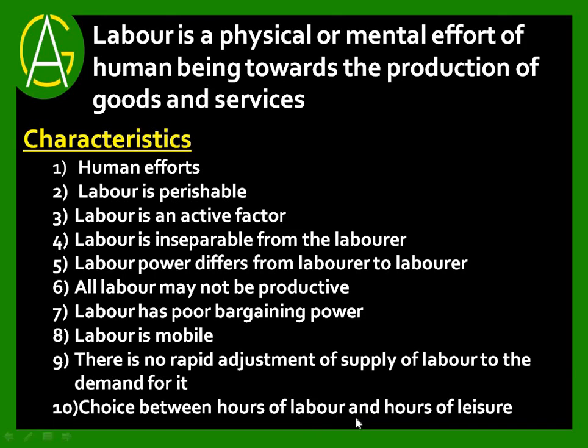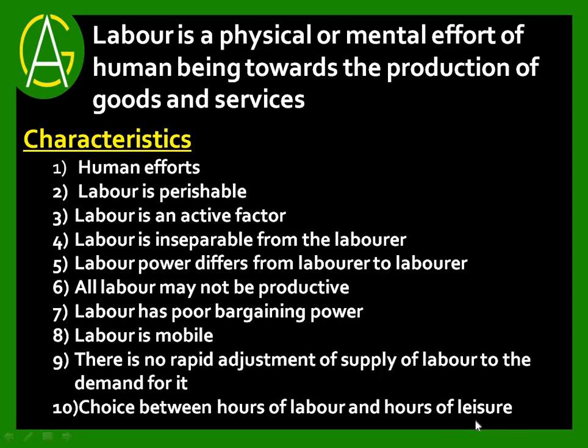So the laborers will have to select labor in the long run, but in the short run they prefer leisure, they prefer enjoyment, they prefer rest. As a result, in the short run the supply of labor will be less because the laborer prefers leisure.